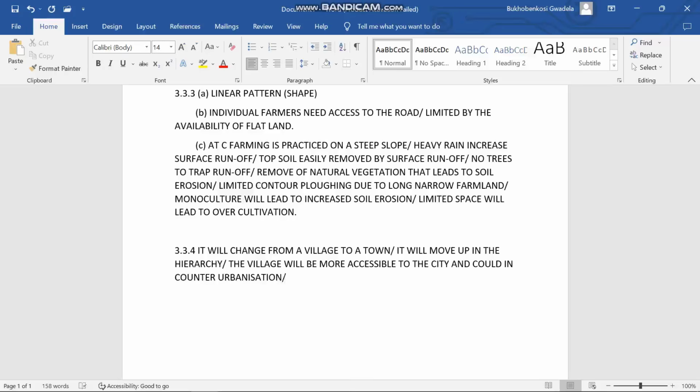You can also say it will change from unifunctional, as you know that rural settlements are unifunctional, whereas the urban area is multifunctional.